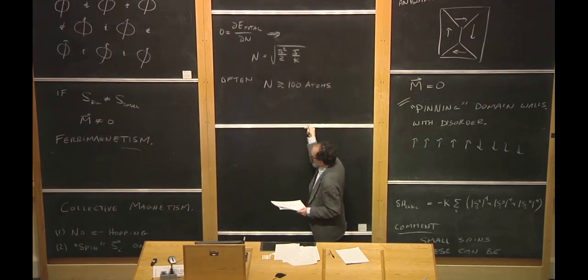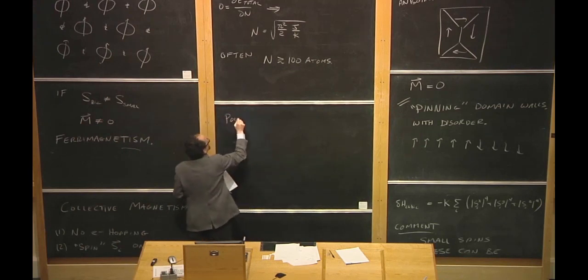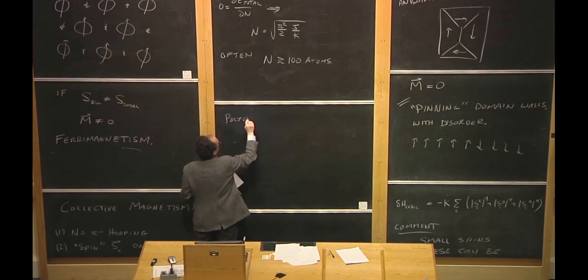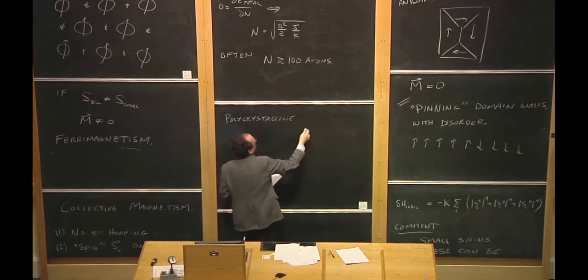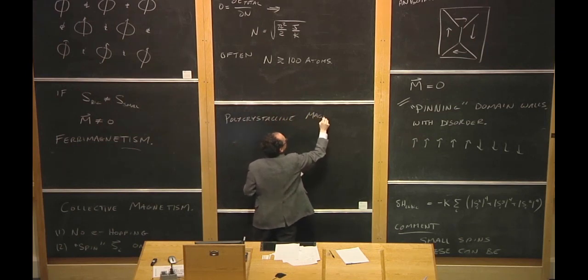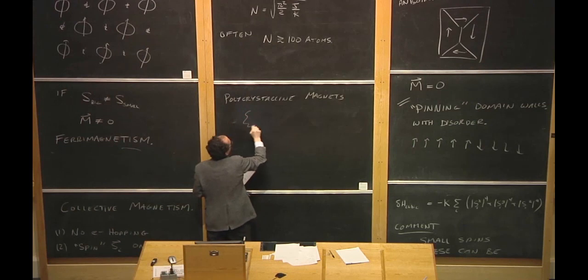Now, this is actually quite important if you start thinking about polycrystalline magnets. So now we're talking about lots of little crystallites of magnetic material separated from each other.